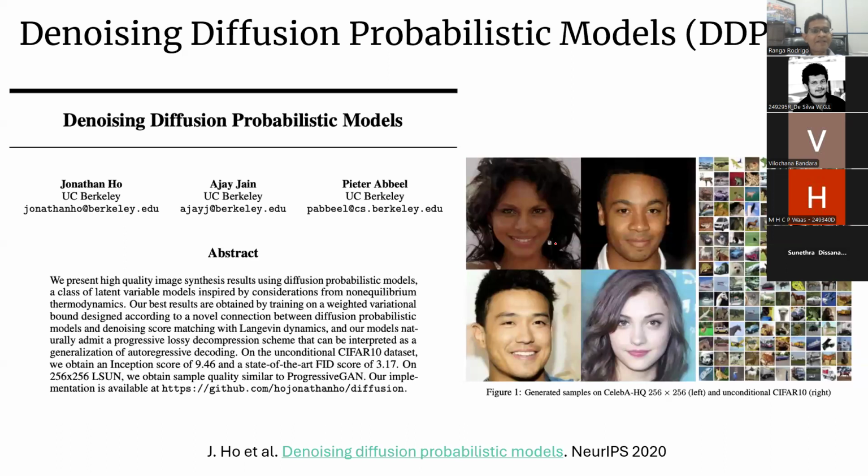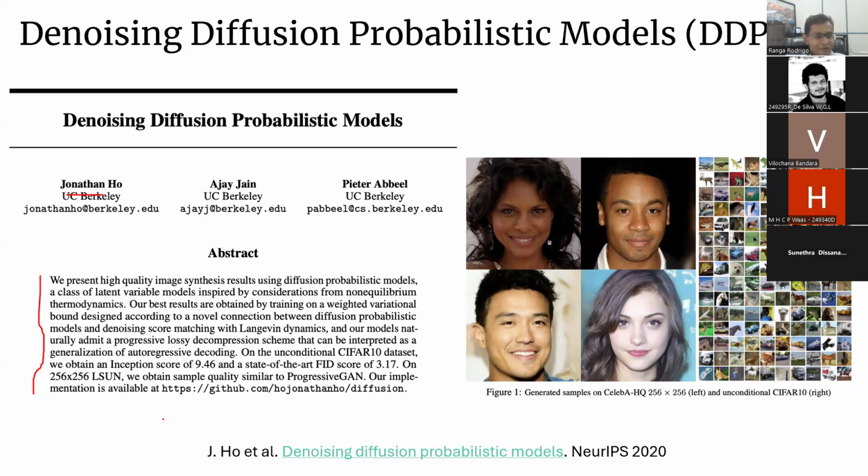Okay. Then after that, the denoising diffusion probabilistic models came, which I described earlier. With this, we present high-quality image synthesis results using diffusion probabilistic models, a class of latent variable models inspired by considerations from non-equilibrium thermodynamics.